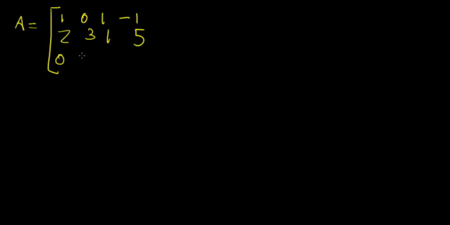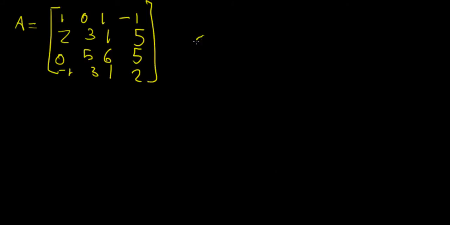So let's have matrix A: 1 0 1 minus 1, 2 3 1 5, 0 5 6 5, minus 1 3 1 2. And as I mentioned before, remember, in order to find the determinant of a matrix, the matrix needs to be square. So if we don't have a square matrix, then the determinant does not exist, essentially.